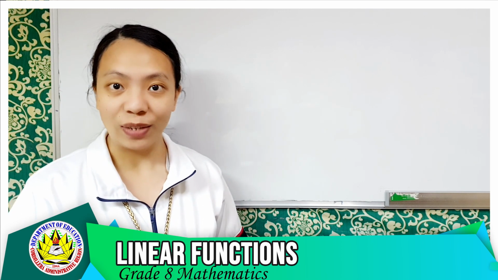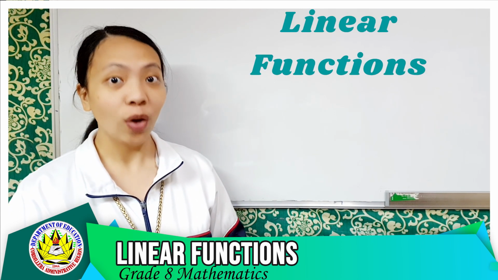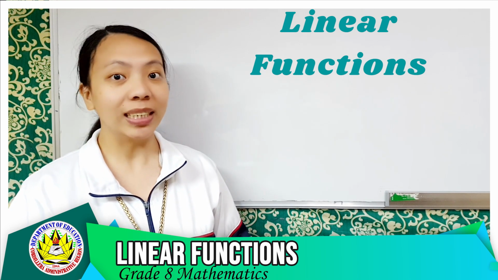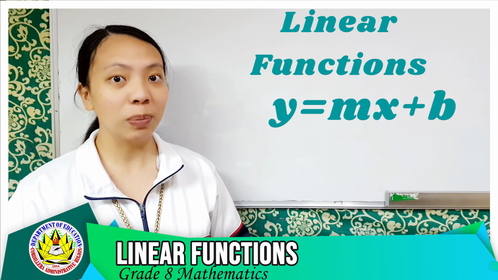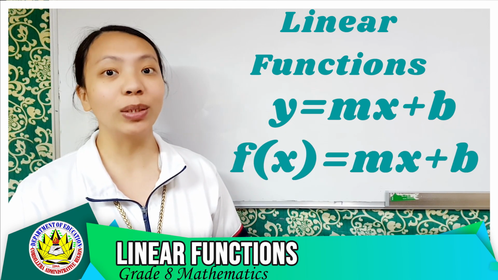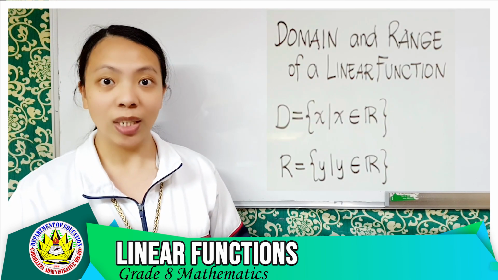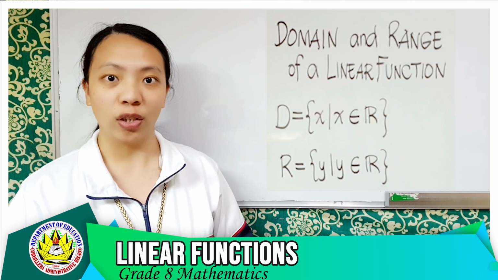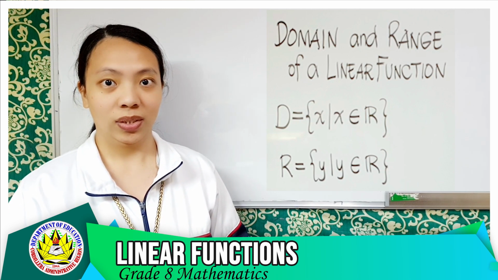In this learning video, we have learned that the form of a linear function is given by the equation y is equal to mx plus b, or f of x is equal to mx plus b. The domain and range of any linear function is the set of all real numbers.